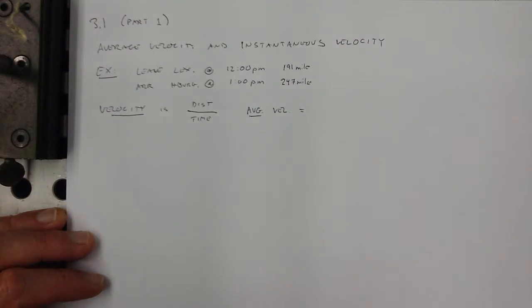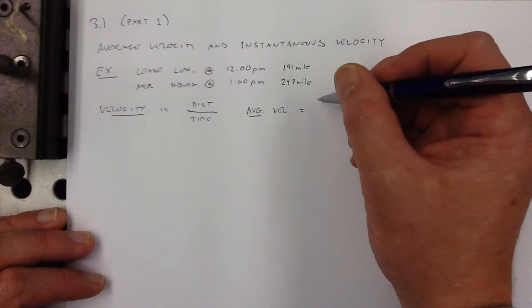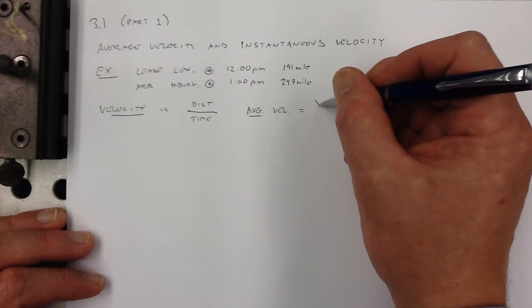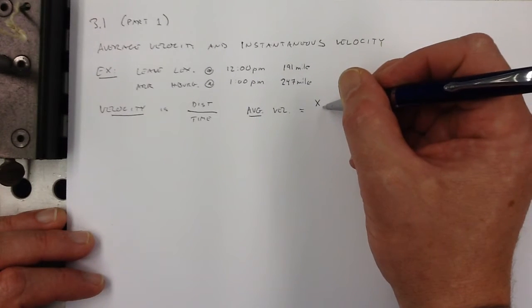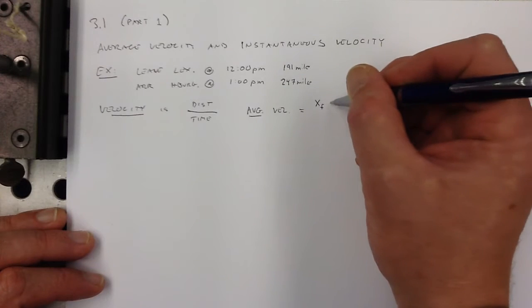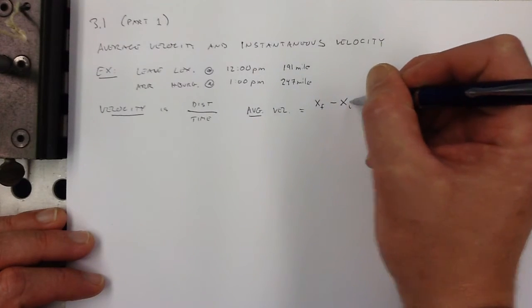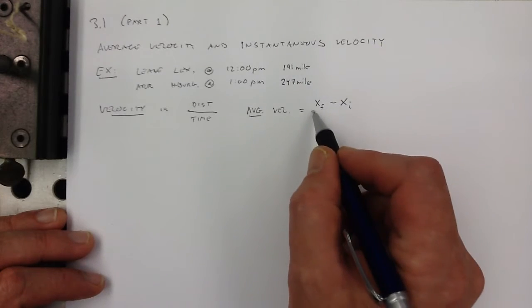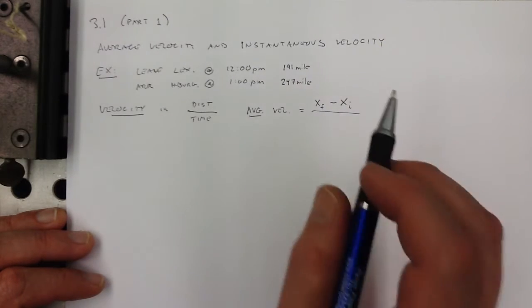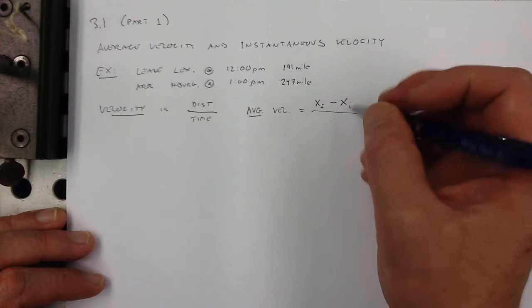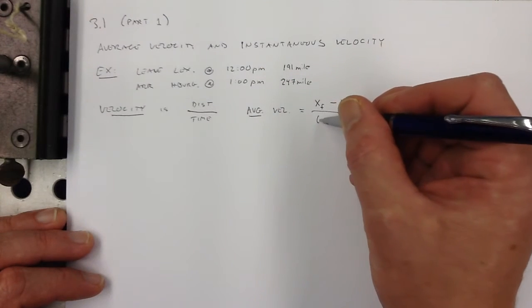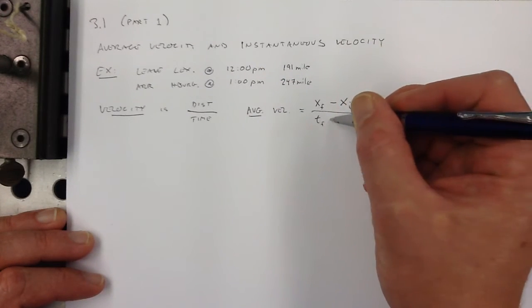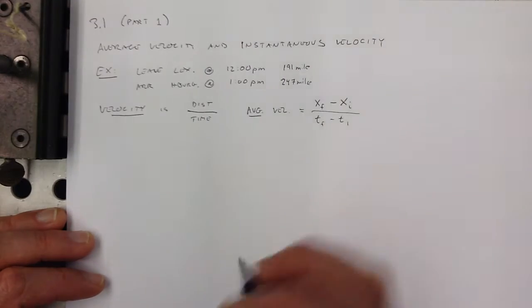So we can spell it out if we want to. It's your final position, so I'm going to call that position x final, minus x initial. So the difference between where you ended and where you started, that's the distance, or it's your displacement, but we'll get into that difference later. And then the time, this is the time final minus time initial.